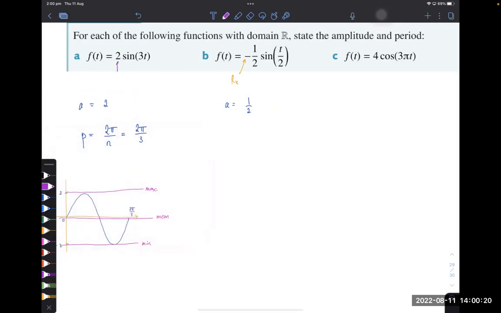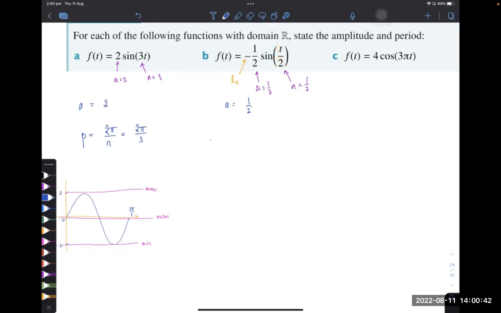It's 1/2, correct. So that's your A equals 1/2, and n here is also 1/2, right?